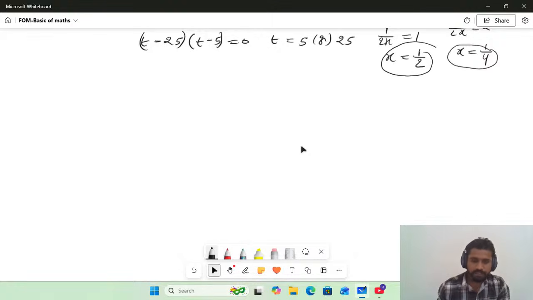So what are the commonly used bases in logarithm?